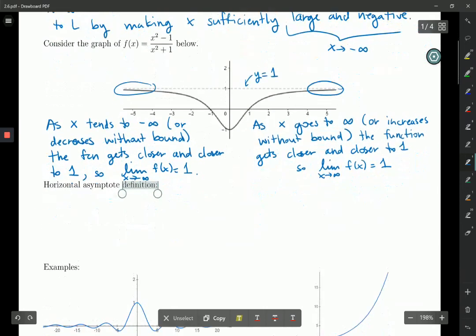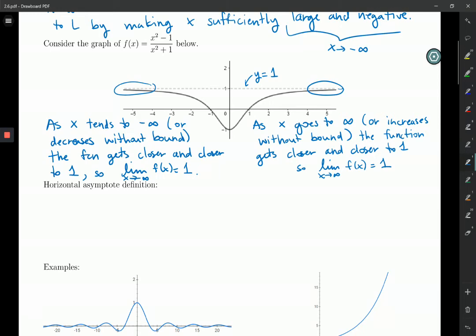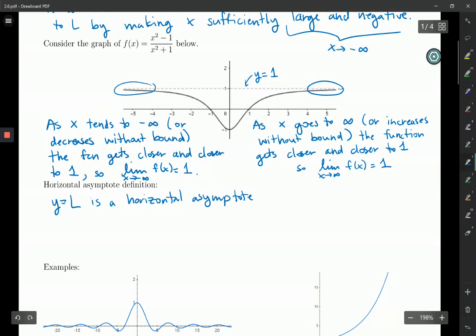And so the definition of a horizontal asymptote is just that: y equals L is a horizontal asymptote of a function f if we have either the limit as x goes to infinity of f of x equals L or the limit as x goes to minus infinity of f of x equals L. We don't need both.